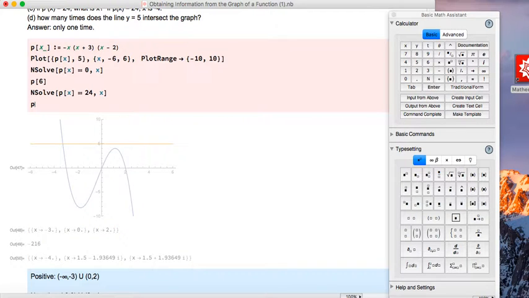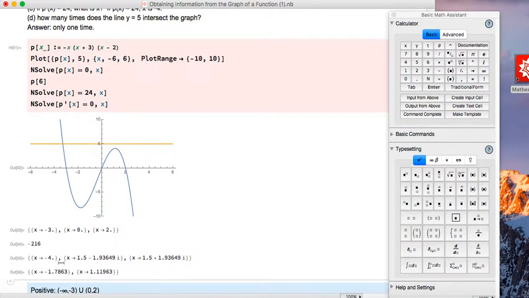So we find p prime of x, and we solve p prime x equal to 0. This will help us find the critical points. This point is not exactly -2, it's -1.7863, and this one is not precisely 1, it's a little bit over 1.